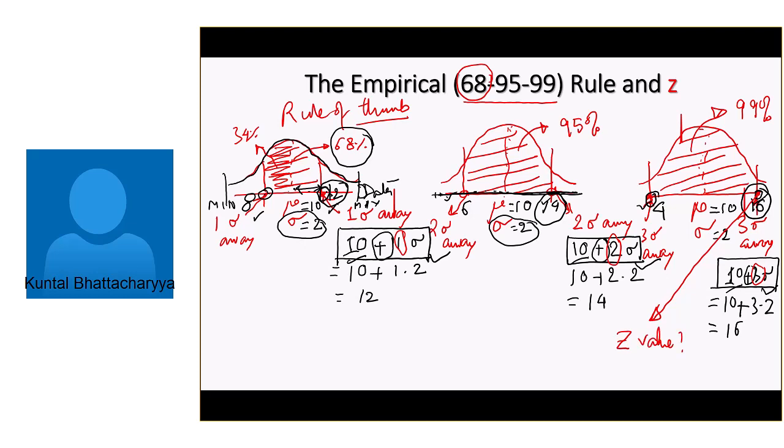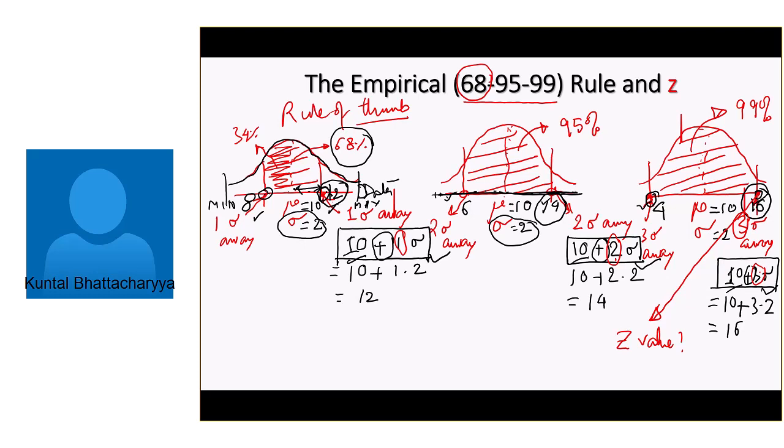You got that right? It's 3. 3 is the z value for that point. What is the z value here? For 14. How far is 14 away from the mean? It's 2 standard deviations away. So the z value, by the very basic definition of z, is 2.